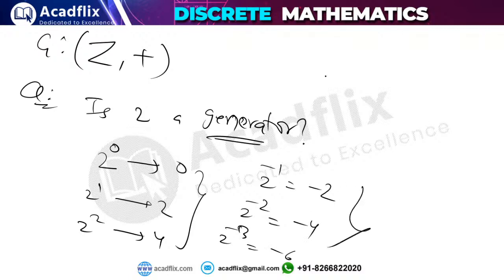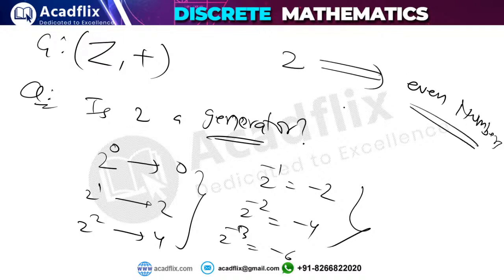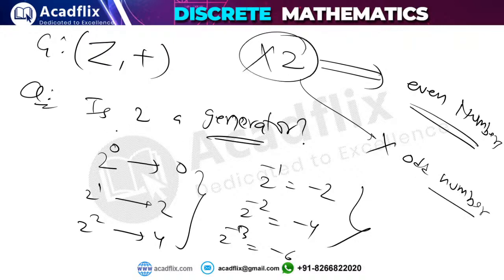So this 2 can generate all the even numbers, but it cannot generate odd numbers. So the answer is no, because 2 cannot generate all the elements. It cannot generate 1.